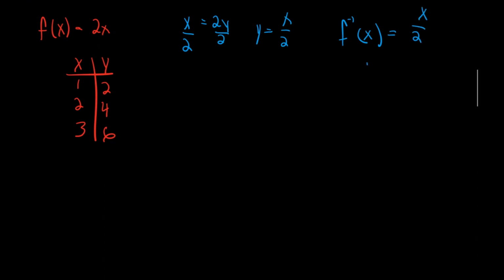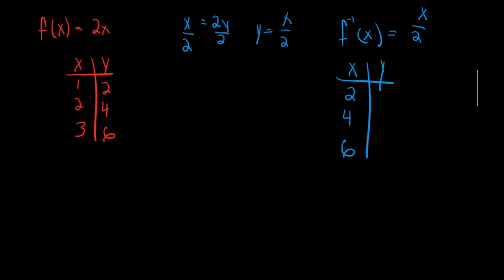Now let's create a table. Our x and y's are changing. What was previously our output, our y value, is now going to be our x. So we have 2, 4, 6. And what was previously our input is now going to be our output.